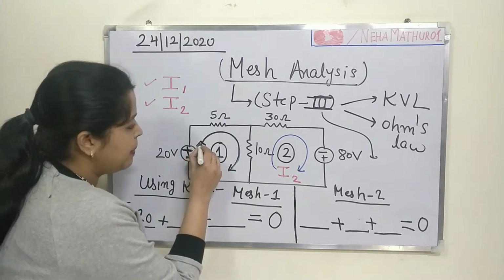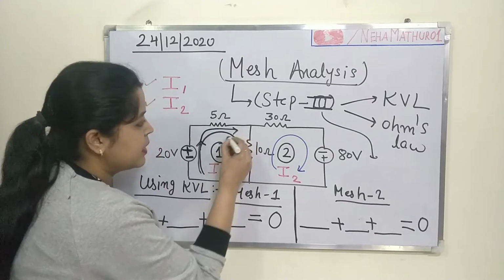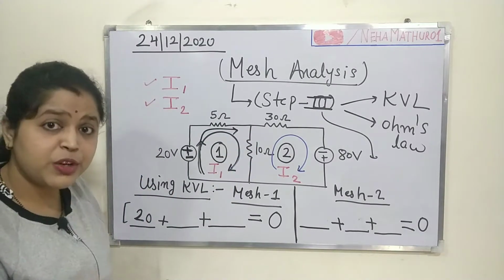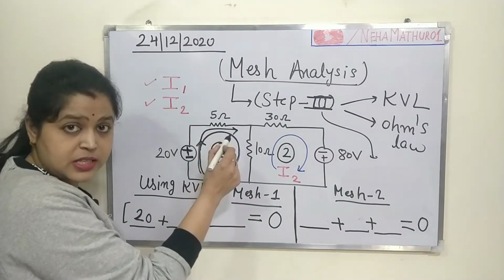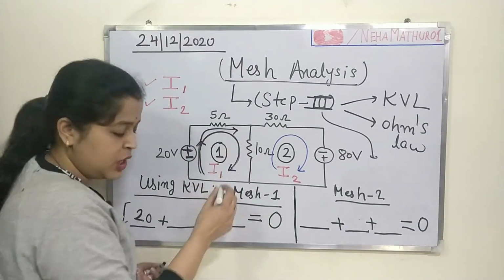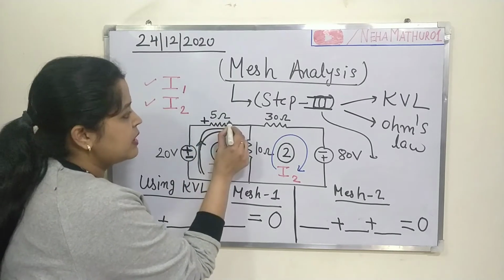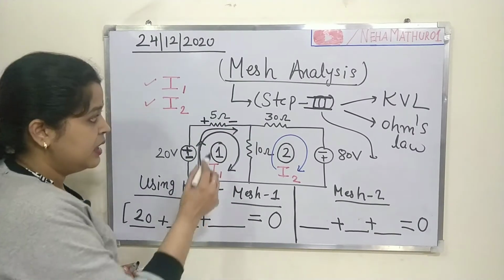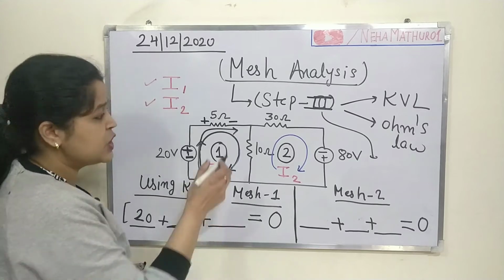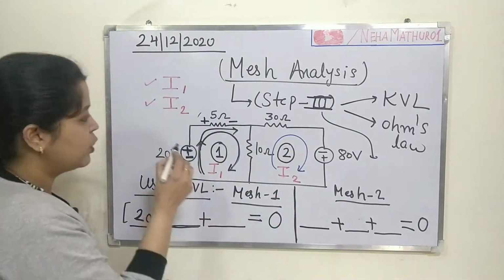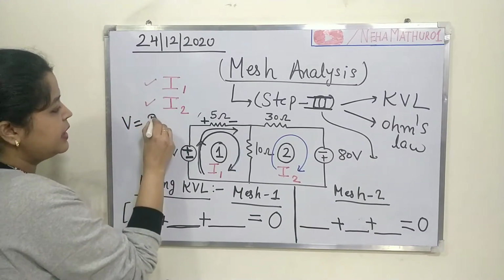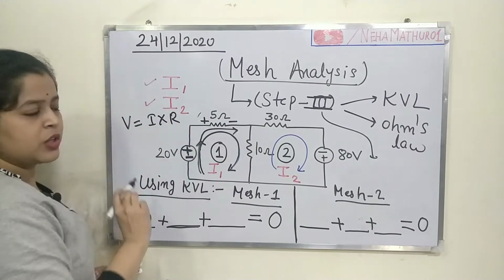Similarly, now the path is going to be like this. And I told you in the last video, in the concept of KVL and KCL, that across a resistor, since current is flowing like this, this end is always positive while this end is negative. Now the second term is the voltage drop across this resistor. According to Ohm's law, voltage is equal to current into resistance.